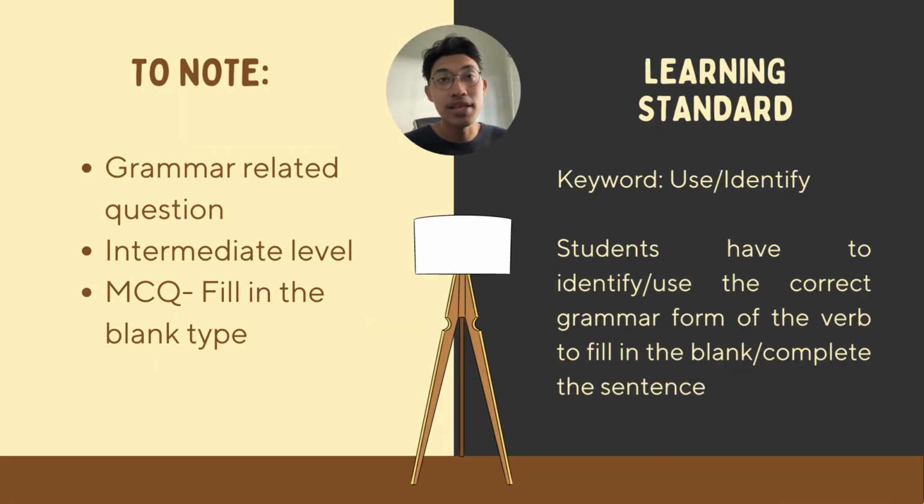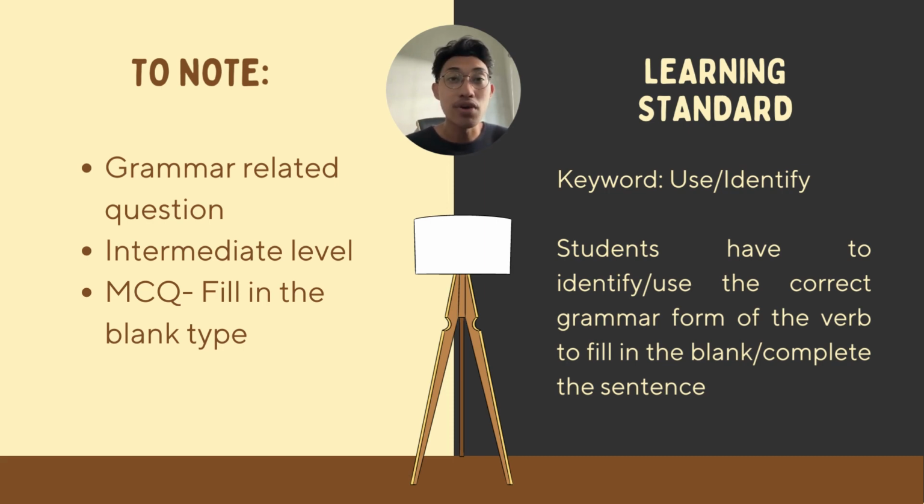The next part is the characteristic of the application level in Bloom's Taxonomy, which starts with grammar-related questions, such as MCQ and fill-in-the-blank questions, just like the Korean question just now. The level is intermediate, as the question will not only help the students, but also help teachers develop assessments that allow students to solve problems in situations by applying acquired knowledge, facts, techniques, and rules, perhaps in various different ways.